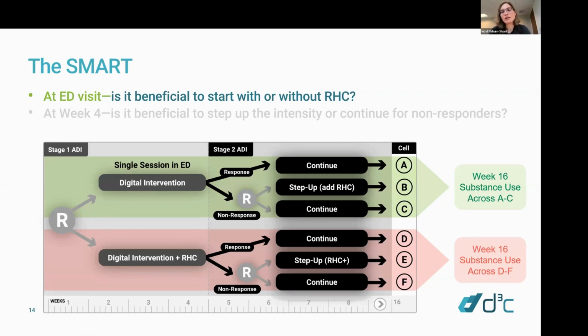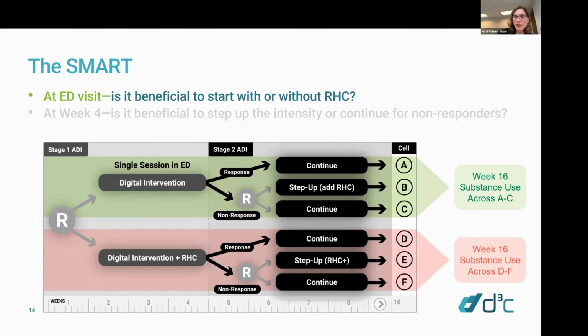Now, I'm assuming throughout that randomization probabilities are 0.5. And in that case, this is essentially equal to comparing half of my sample versus the other half, just like a 2-arm comparison, a 2-arm trial. Your entire sample will contribute information that will be used to estimate this effect. This is the main effect of the first stage component, coaching versus no coaching, averaging over subsequent components for responders and non-responders.